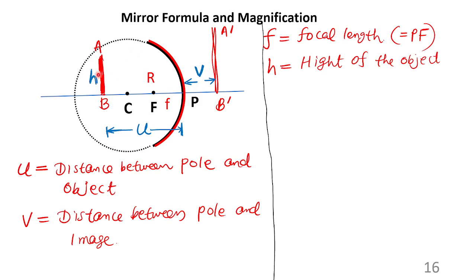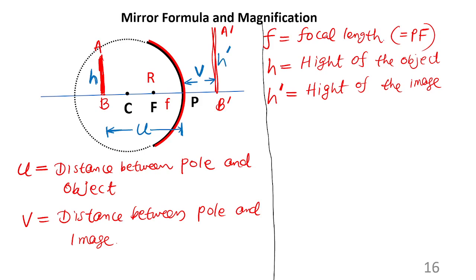The candle or tree will have a height, that is H. And the last letter is H dash. H dash is the height or size of the image. So these 5 letters you have to understand. H dash, height of the image is denoted by H dash.